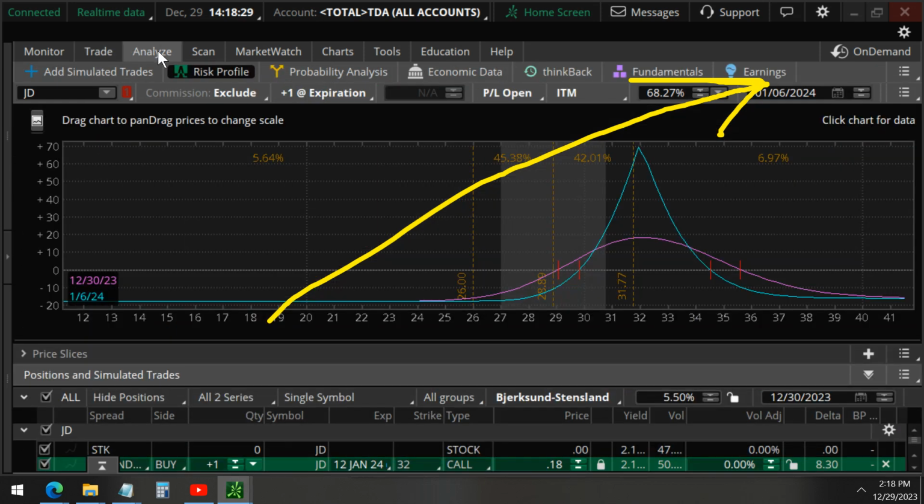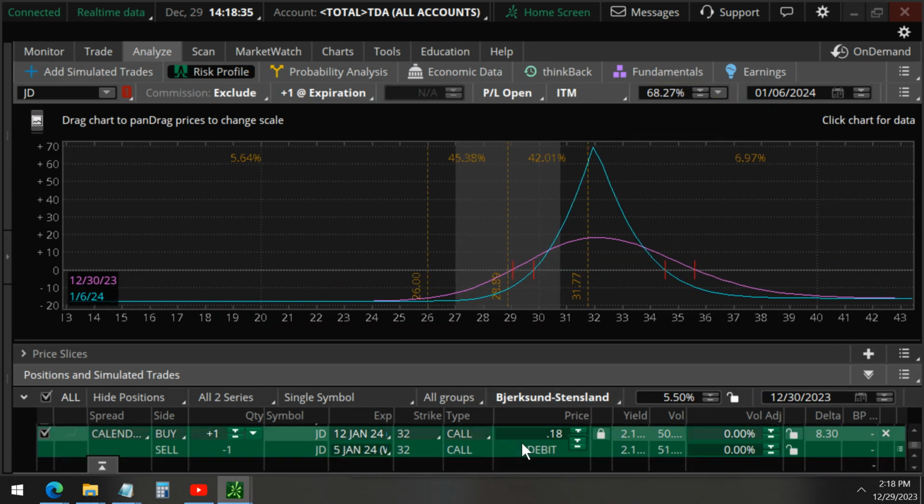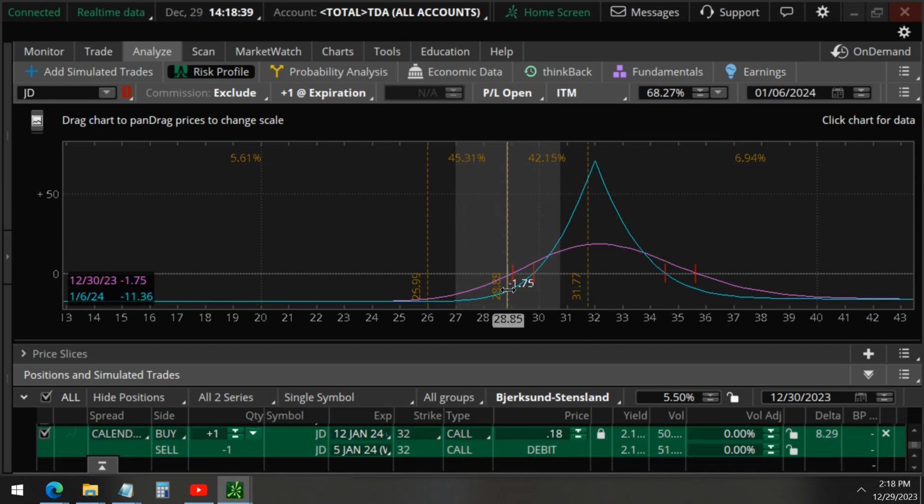And so back to this calendar spread, you can see this is what it looks like here. JD is currently trading at $28.85. We have the x-axis showing the price of the current stock, and the y-axis shows the profit.